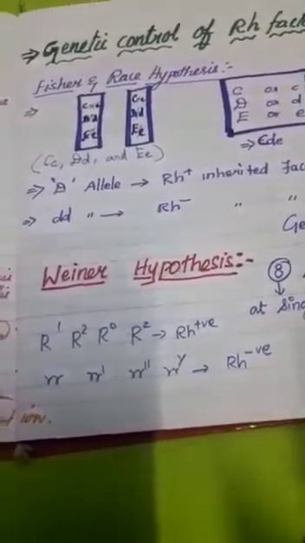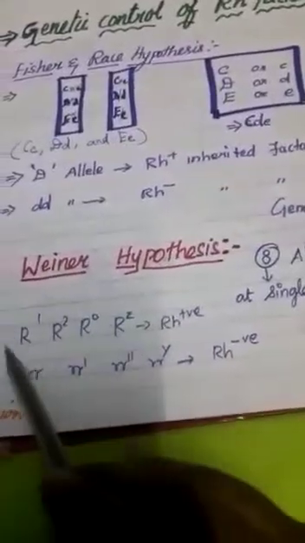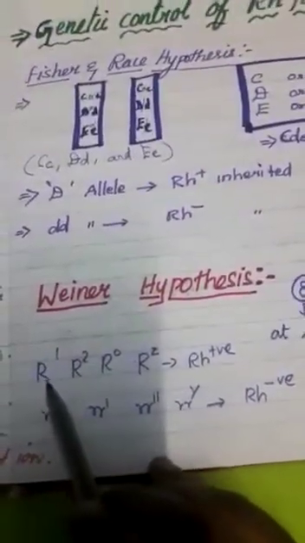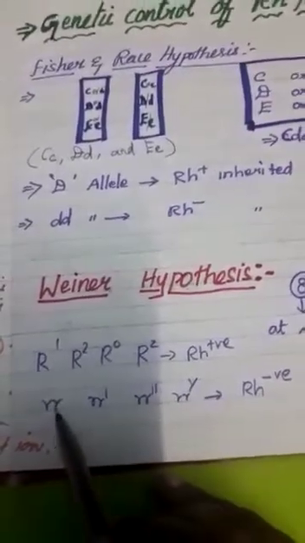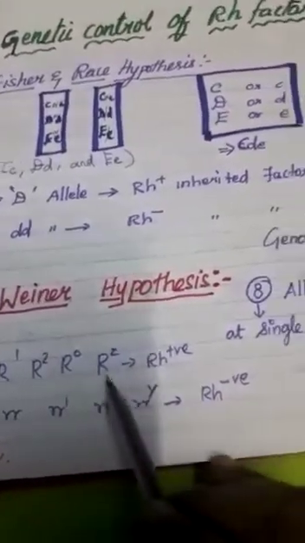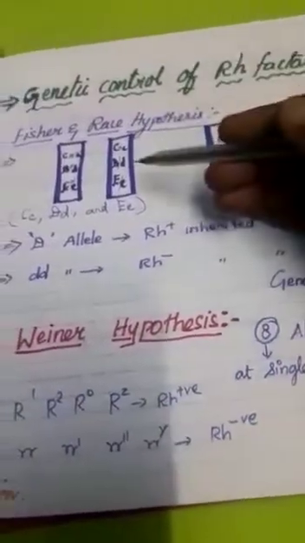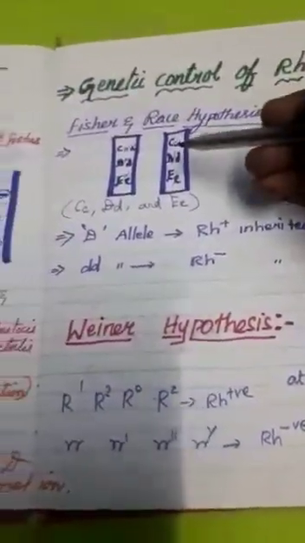All the genotypes carrying the dominant type of allele, we write as capital R, a dominant allele, and small r, a recessive allele. This is similar to the suggestion of the Fisher-Race hypothesis.